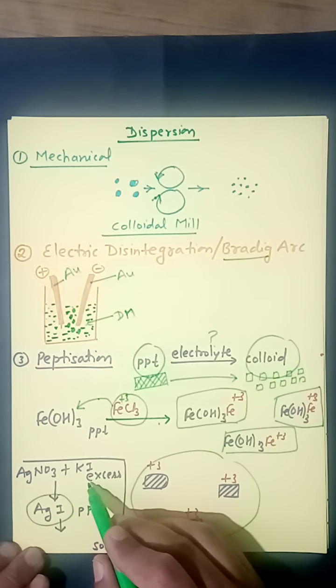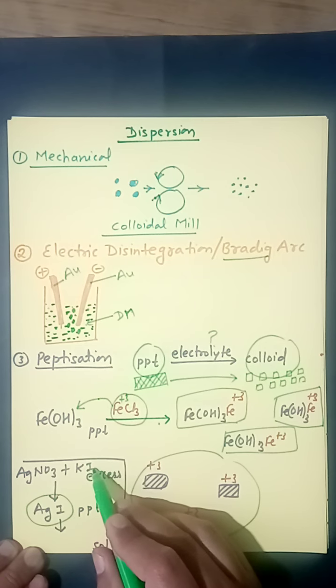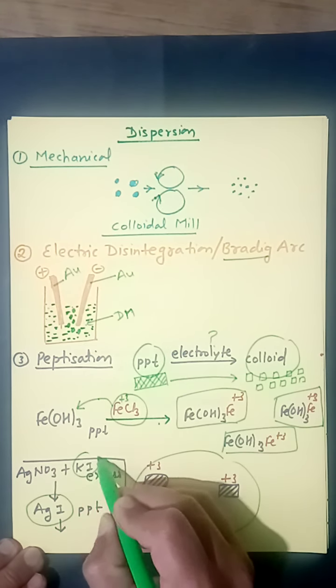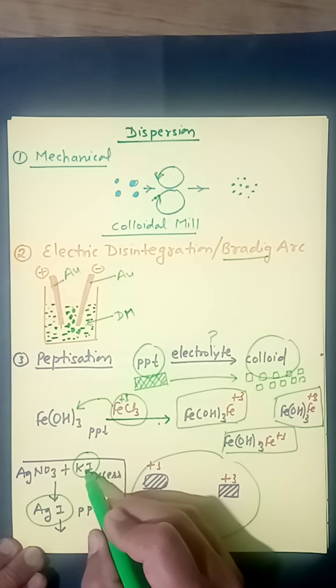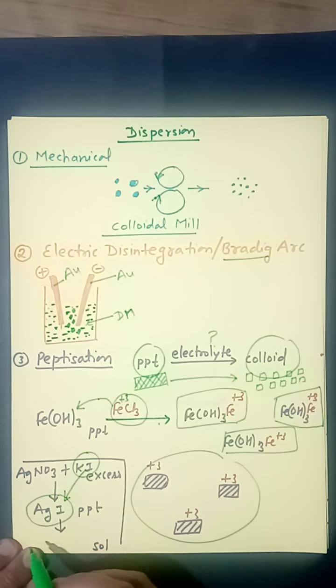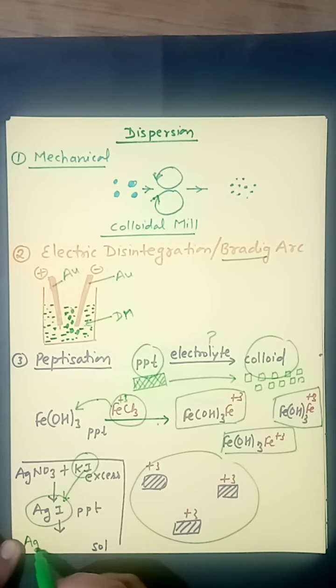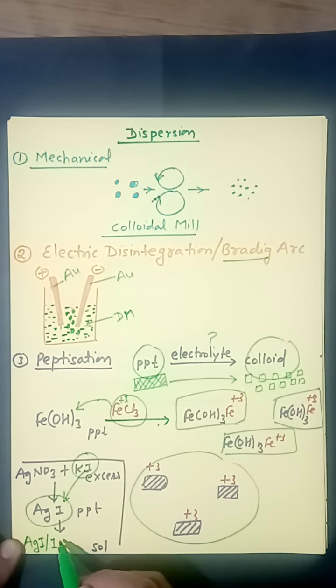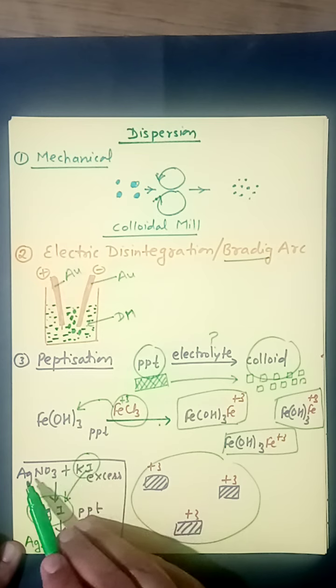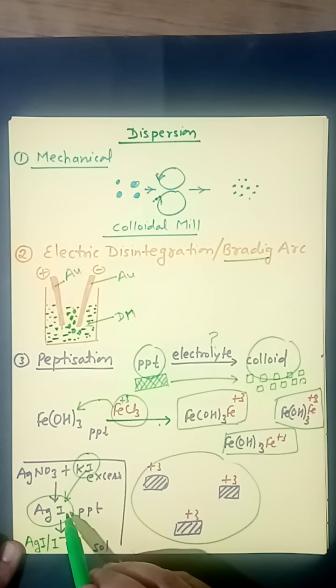Now because we used excess potassium iodide, if you shake this precipitate, the like ion is iodide, so iodide will be adsorbed here, and it finally converts into AgI I minus colloidal sol.